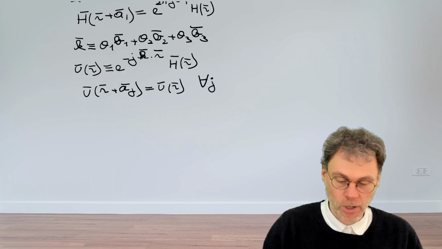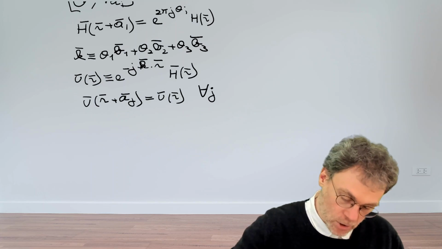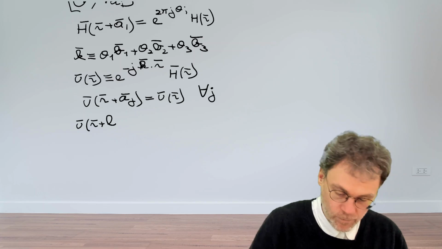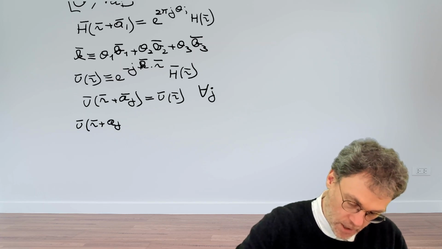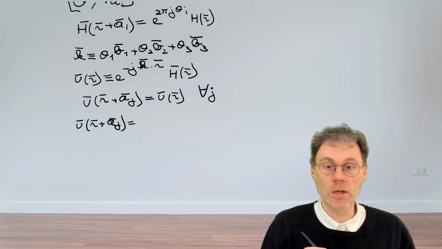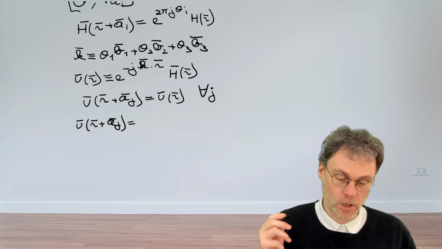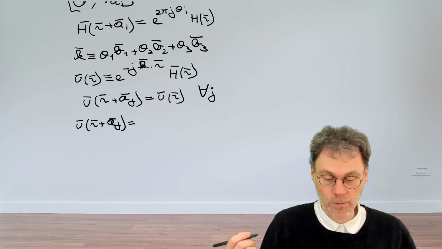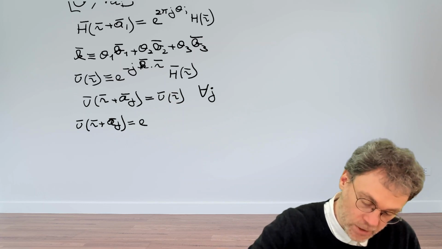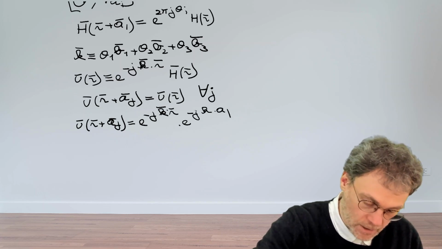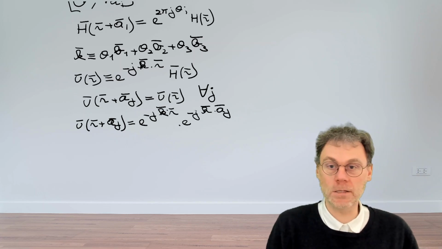Okay, so let's just plug in everything we know. First, let's look at the definition. u of r plus a_j. If we look at how we've defined our function u up there, then we just replace r by r plus a_j. So we have this first factor, exponential minus j k dot r, and then we have exponential minus j k dot a_j.